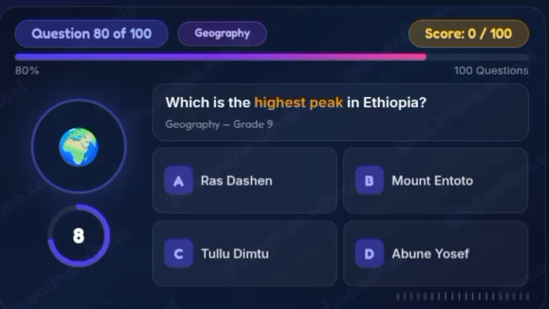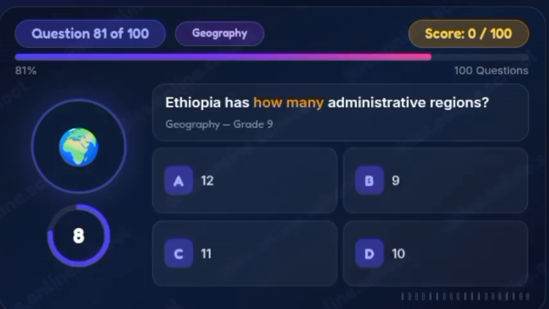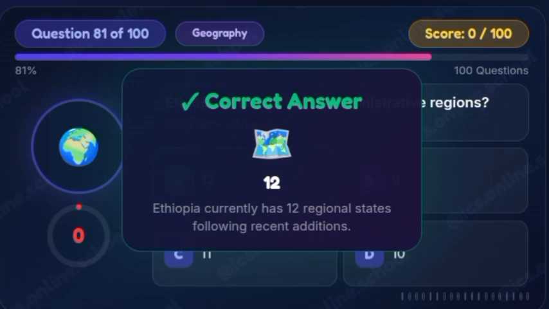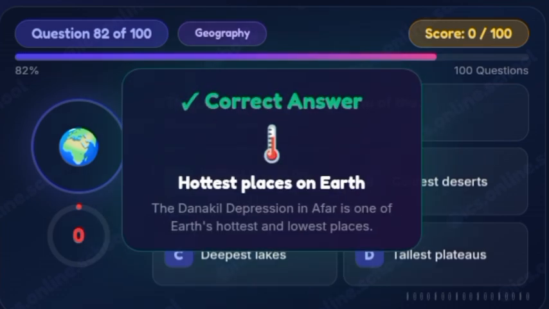Which is the highest peak in Ethiopia? Ras Dashen. Ethiopia has how many administrative regions? 12. The Danakil Depression is one of the hottest places on the earth.